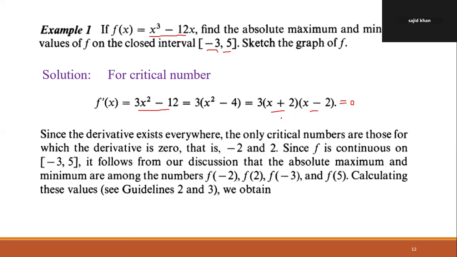Now in this case, we have four inputs. First, the boundary points minus 3 and 5, and second, the critical numbers, which are plus and minus 2. So the next step is to calculate the function value at these four inputs: minus 2 and plus 2, minus 3 and plus 5.